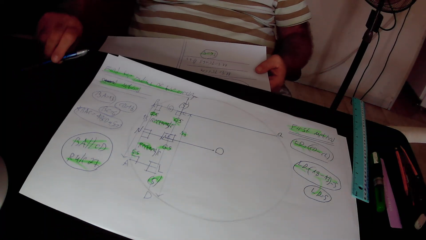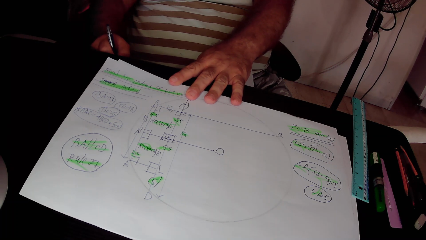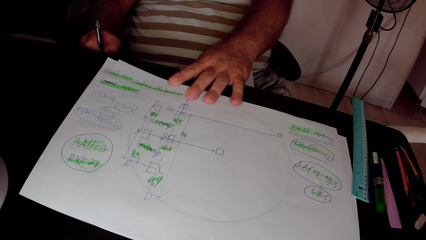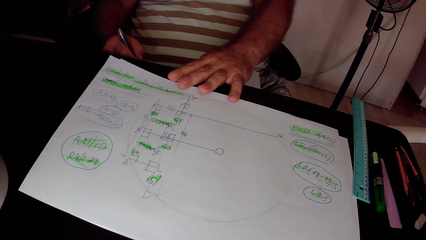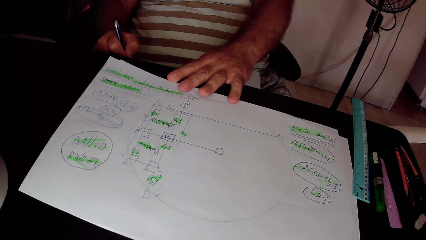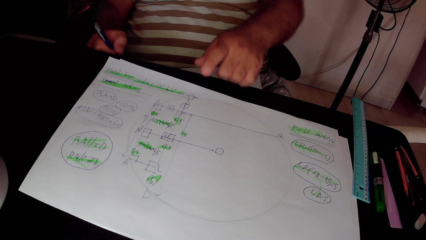Chord BQ intersects with chord TD at point C. The intersection point occurs at point C, this point.